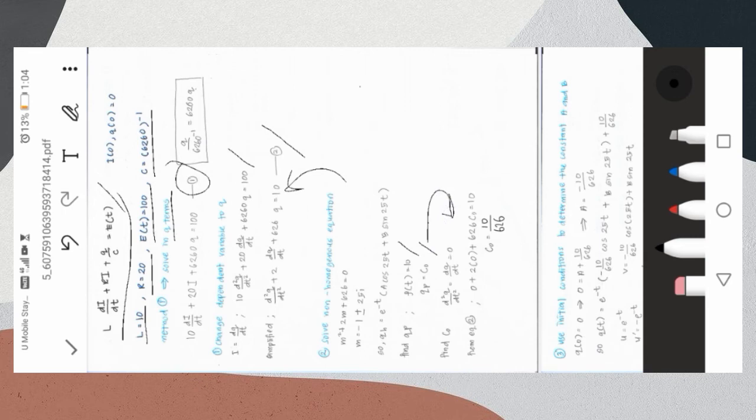We know d squared q over dt squared equals dq over dt equals 0. So we replace this with 0 using this equation, and we can get C naught equals 10 over 626.